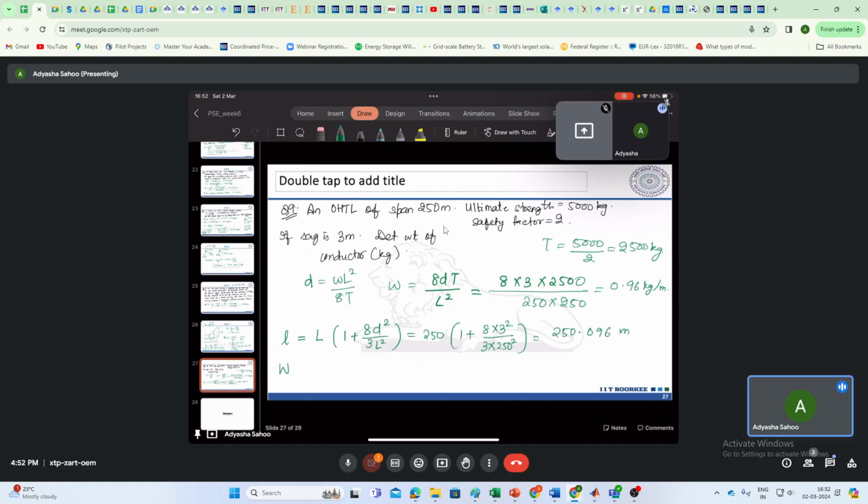So weight of the conductor in kg will be weight per unit length, that is 0.96 into length of the conductor, that is 240.09216 kg.